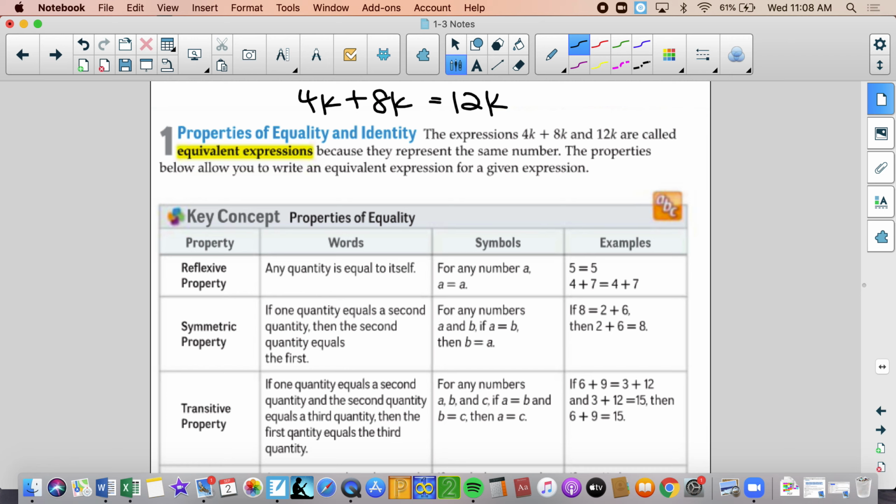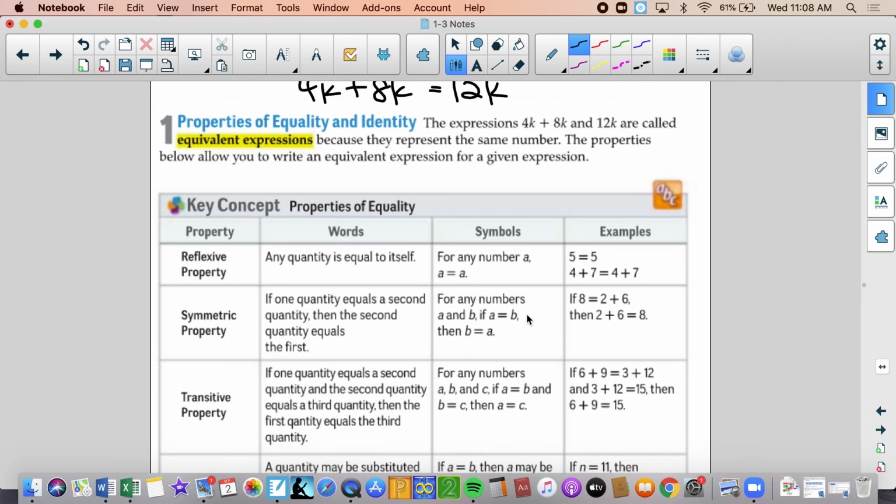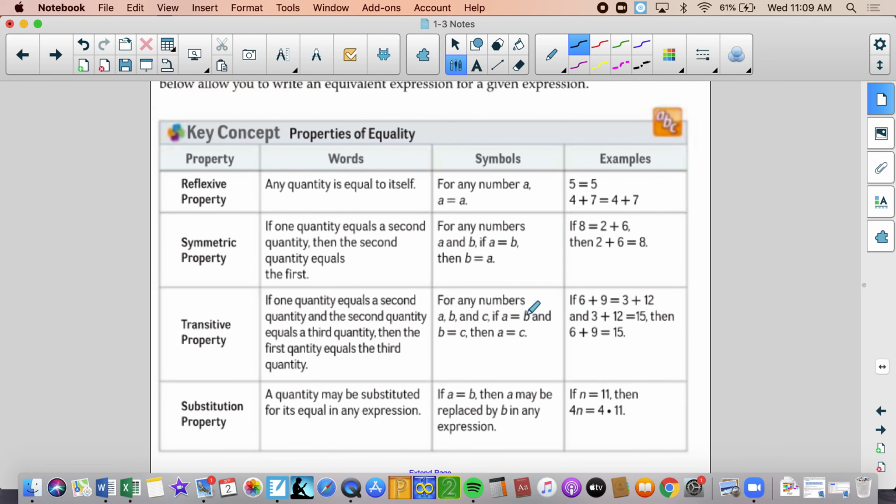The first property that we're going to go over is called the reflexive property. Any quantity is equal to itself. For any number a, a is equal to a. Well, of course, Mr. Mac. Yeah, so 5 is equal to 5, 4 plus 7 is equal to 4 plus 7. And we call that the reflexive property.